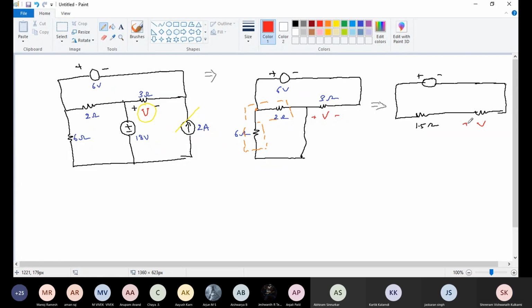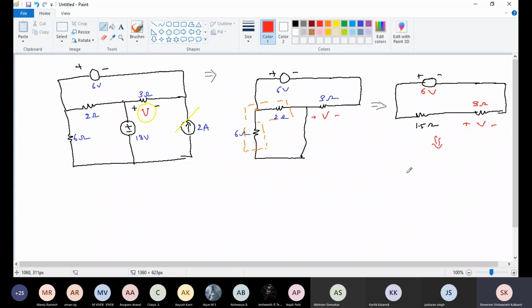Here the 3 ohm resistance has voltage V. Now find the total current in the circuit.